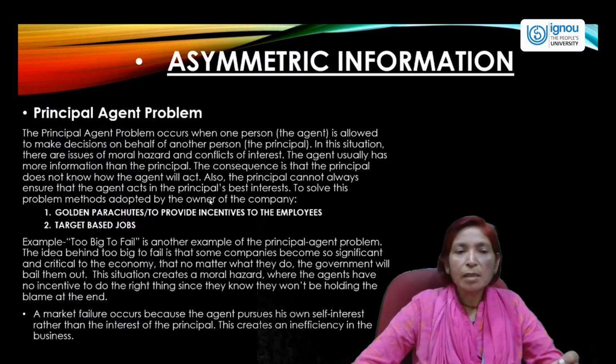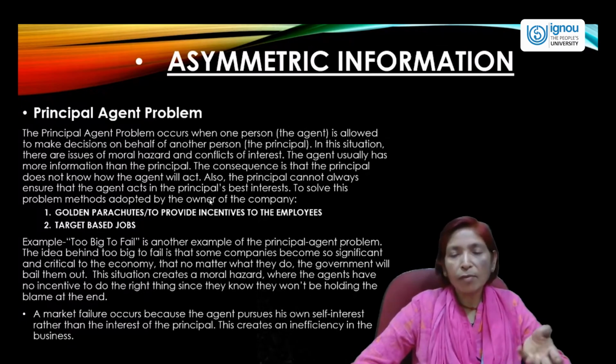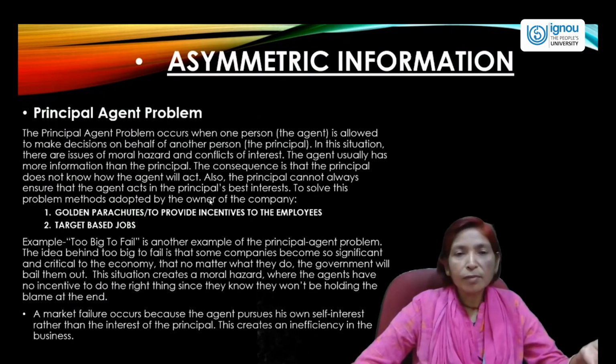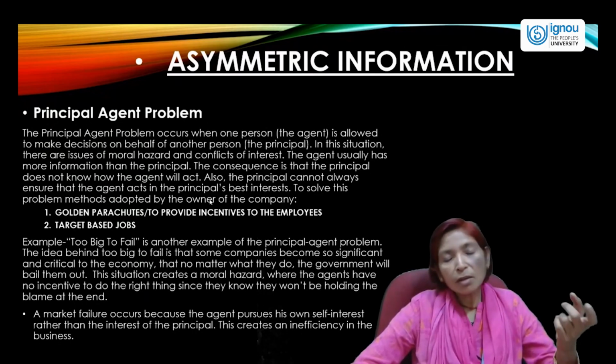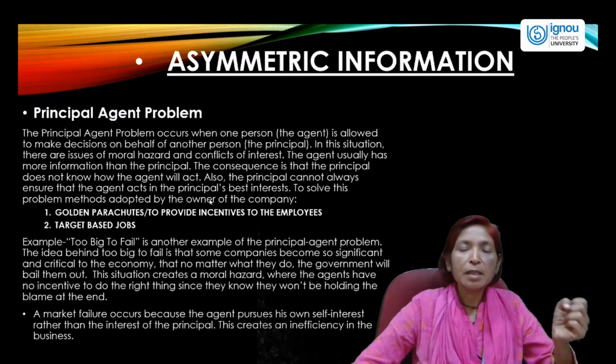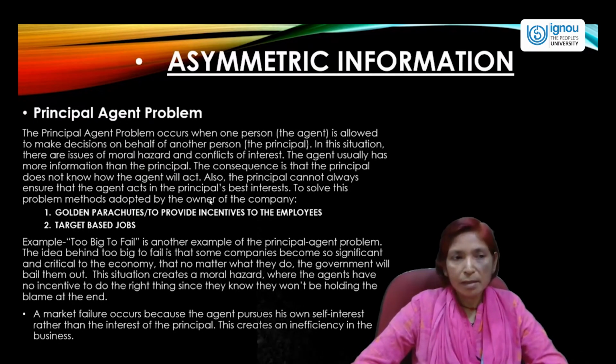Here, principal means the owner of the company, and agent means the employee of the company. The owner always wants to increase the prestige, goodwill or benefits of the firm, and the manager or employee always wants to increase their own benefits. So in this case, the principal agent problem arises.